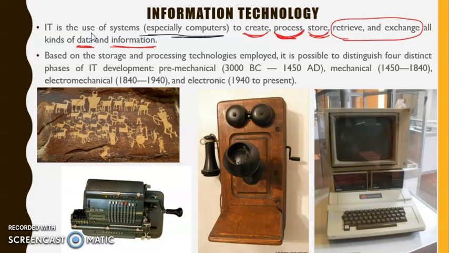So try to memorize these things in your mind now without extra energy. So you create it, process it, and store it. Now that you have stored it, you retrieve it or exchange it or distribute it. Okay, now any system that you use to do this function on data or information is called information technology.